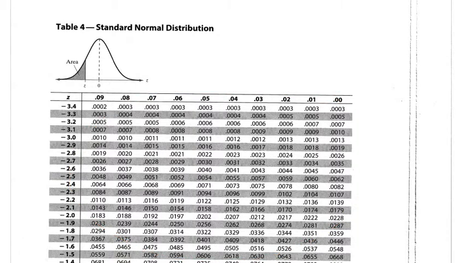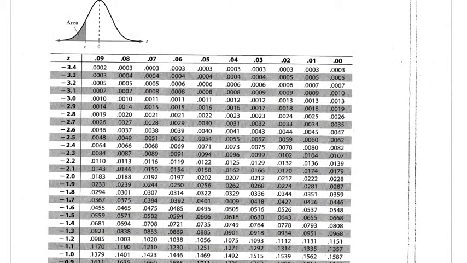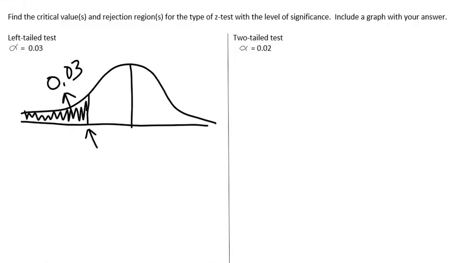So as I'm looking, I notice this value right here, 0.0301, and that's about as close as I can get to 0.03. So the z value that corresponds to that is negative 1.88. So again, the z value that corresponds to that area of 0.03 is negative 1.88.